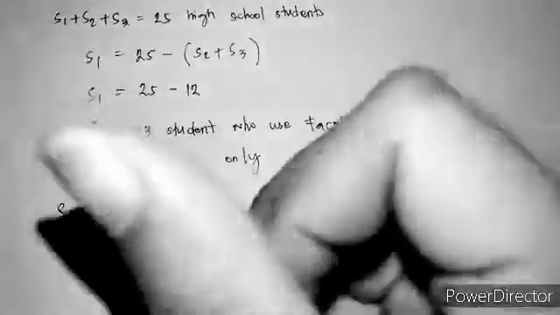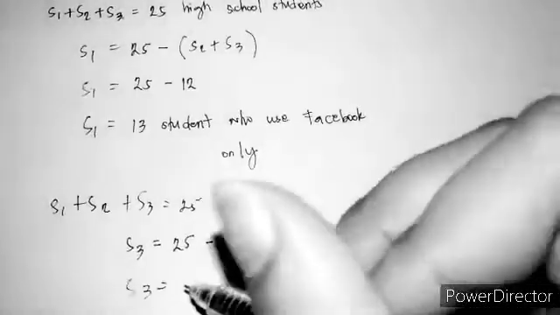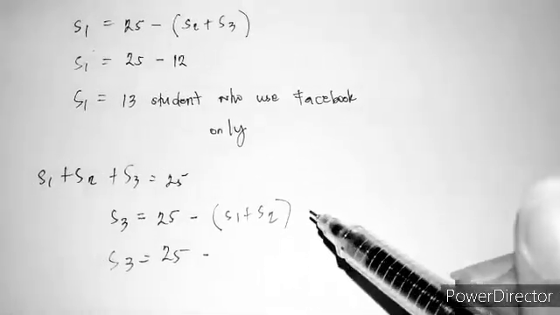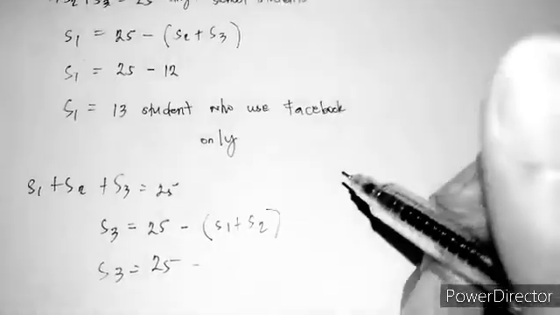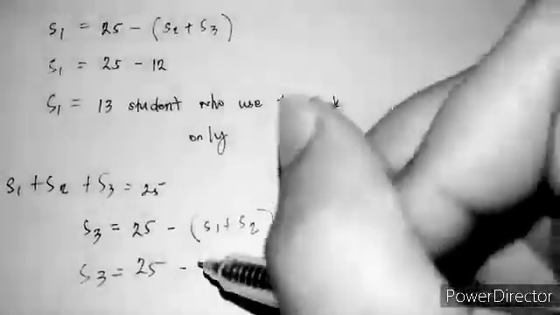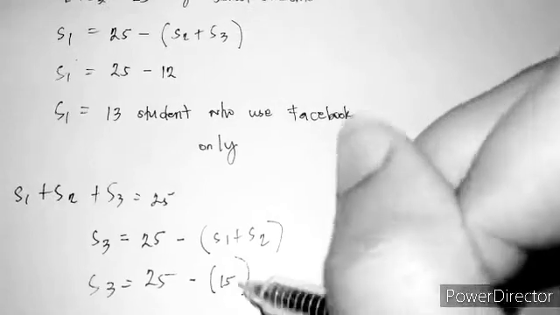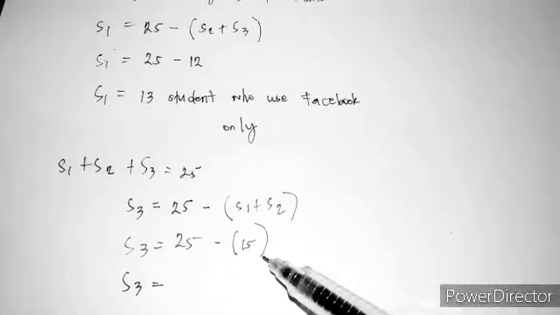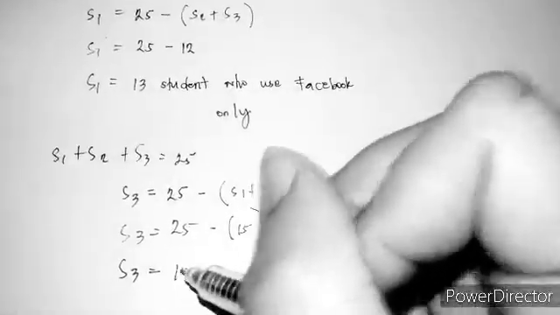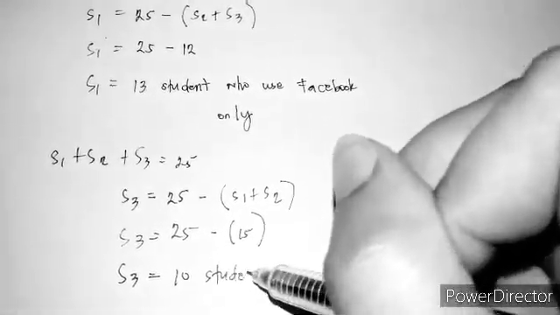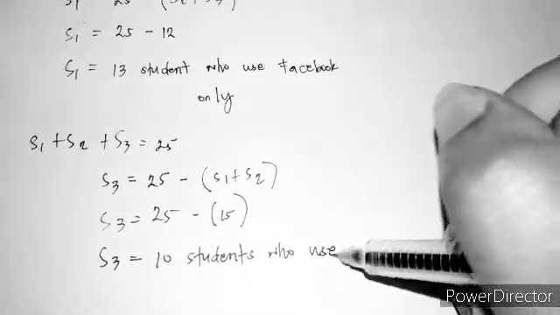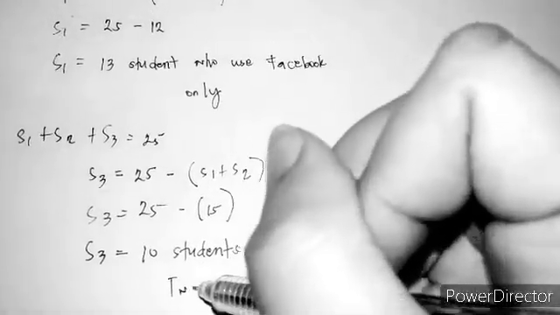S3 is equal to 25 minus S1 plus S2, how many students are there? We have 15 students. So our S3 will be 25 minus 15. We have 10 students who use Twitter only.